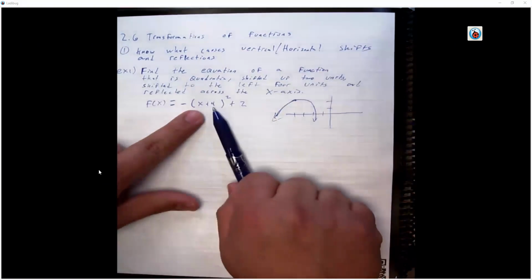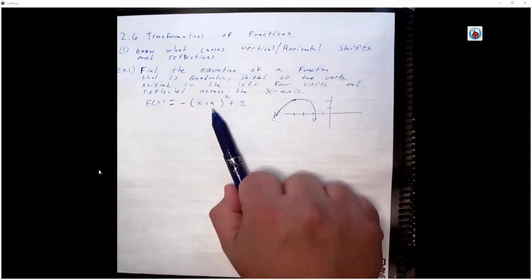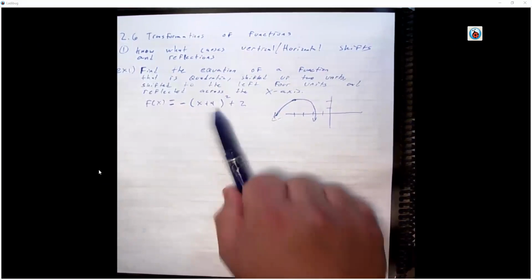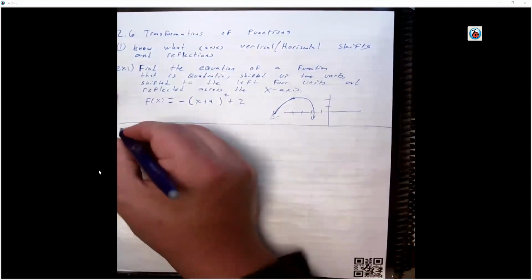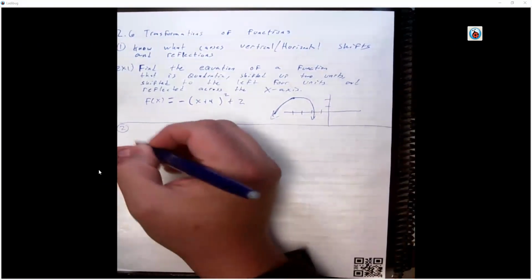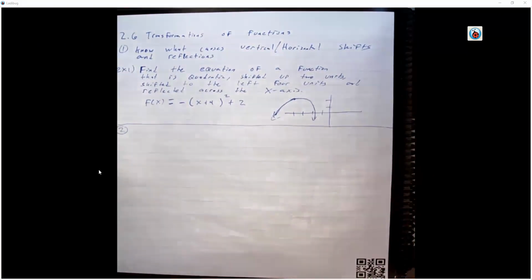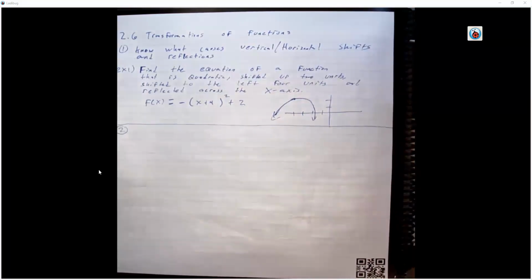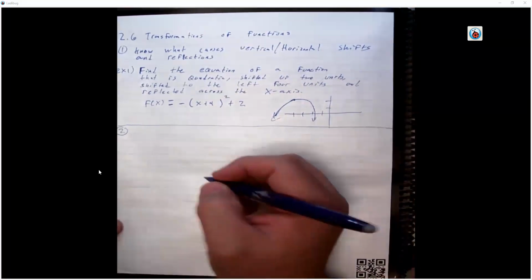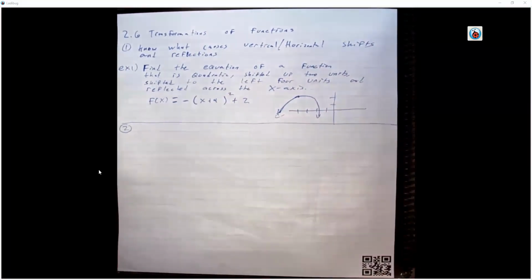If it's inside, it's going to be the opposite, but horizontal. So plus 4 is left, minus 4 is to the right. Excuse me. Isn't this final equation of a function that is quadratic? Yeah, so I could change that to cubic or something else. Okay.